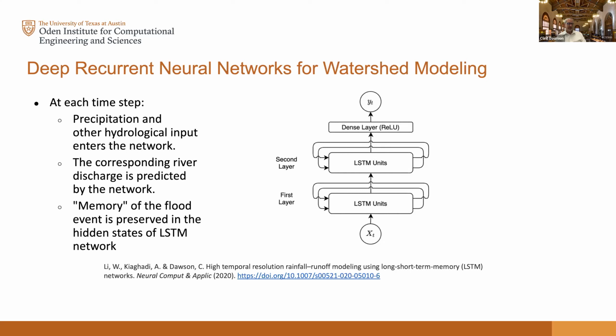Then the river discharge at the downstream end is predicted by the network. That's what comes out, what we're trying to predict. And the memory of the flood, of various flood events: we feed a fairly high number of flood events into the system, and it's preserved in what are called the hidden states of the network.